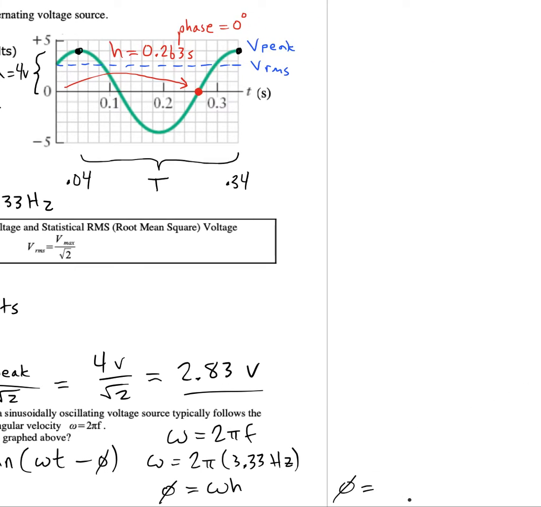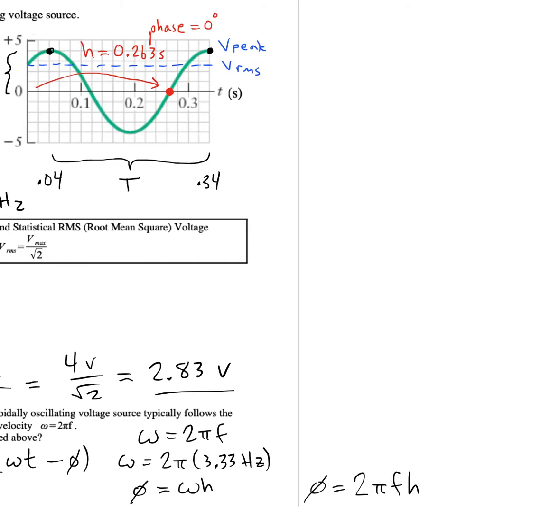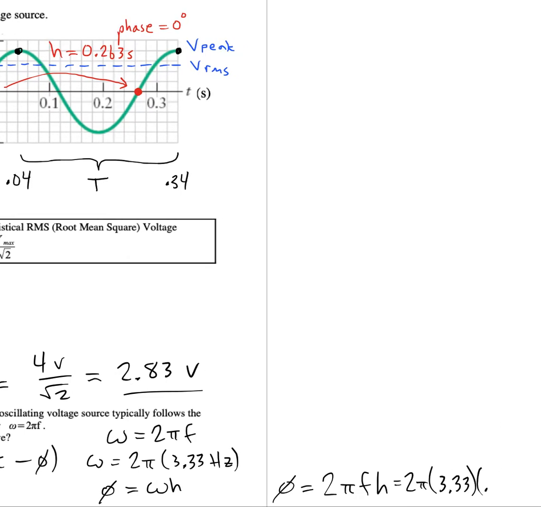So our phase difference will be 2 pi f times h, which is 2 times pi times 3.33 times 0.263, and this will actually be in radians.